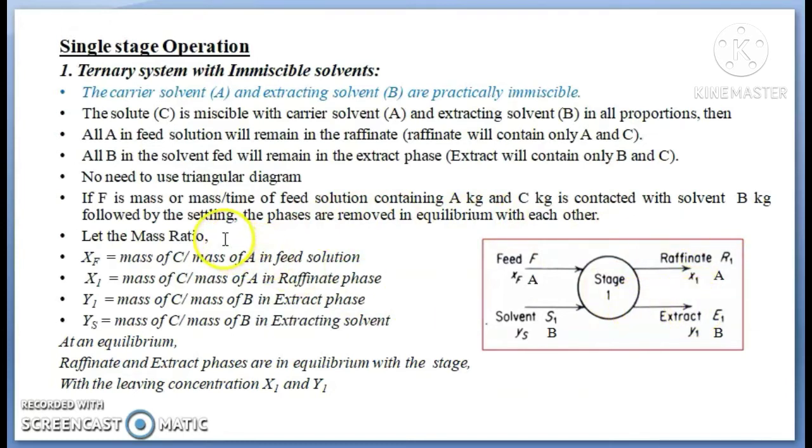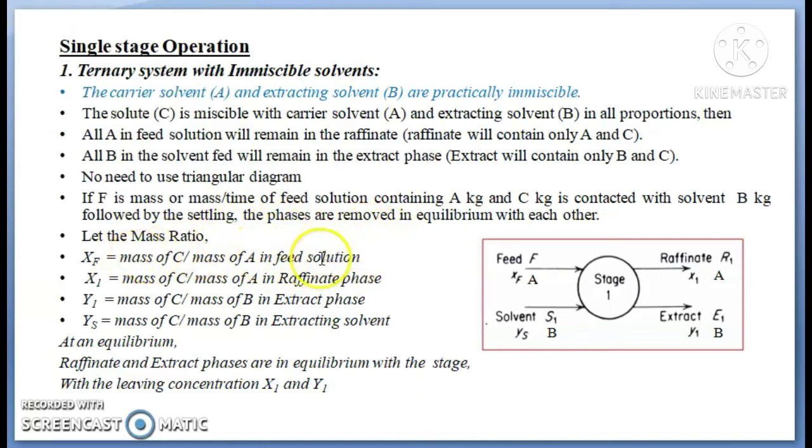If we have the nomenclature, say in the form of mass, the concentrations in the form of mass ratio, we have XF, that is the mass of C per mass of A in the feed solution. This we define as the solvent free basis.